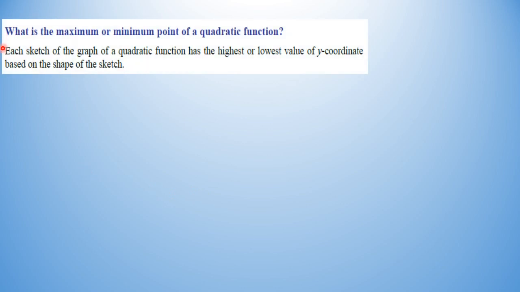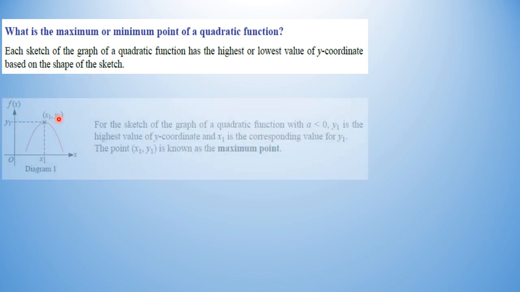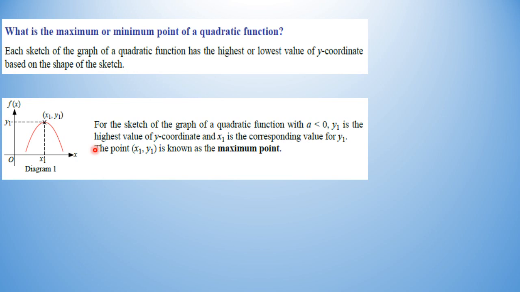What is the maximum or minimum point of a quadratic function? Each sketch of the graph of a quadratic function has the highest or lowest value of the y coordinate, based on the shape of the sketch. So we look at this one. For the sketch of the graph of a quadratic function with a less than 0, that means we have the graph of N shape.